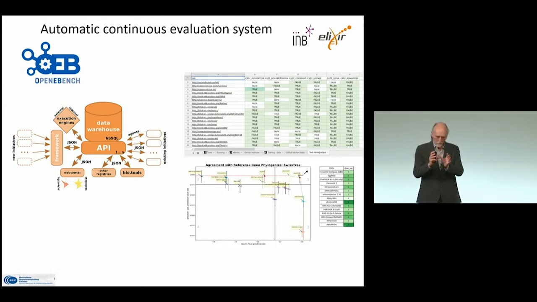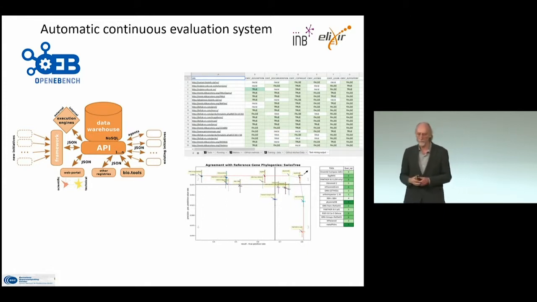Not only being able to provide the methods, but also to provide, together with the methods, the systems to evaluate them in scientific and technical terms, and being able to do this live in a way that, as a biologist, you will go to a web page and say, these are the methods for analyzing multiple sequence alignments, and according to the last benchmark, this is the one that is working better for these conditions.